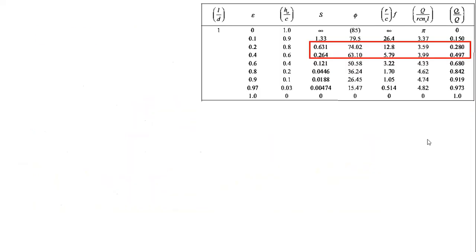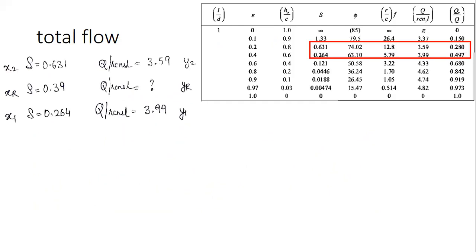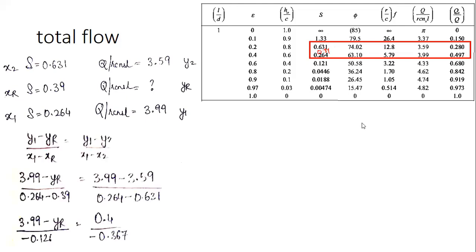What is the next thing that is asked to us? Total flow Q and side flow QS. First, let us find out total Q flow. Same thing. For 0.39, if I want to find out, I'll have to use the interpolation equation. Y1 minus YR over X1 minus XR is Y1 minus Y2 over X1 minus X2.